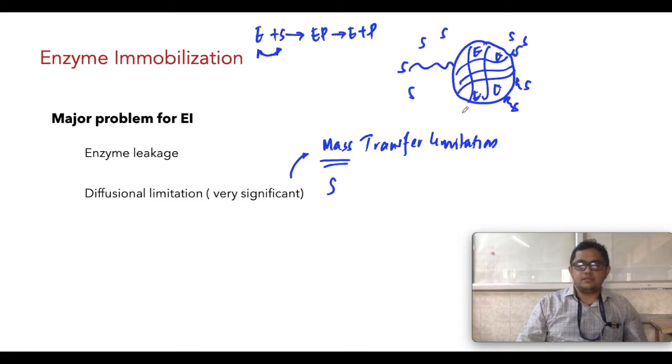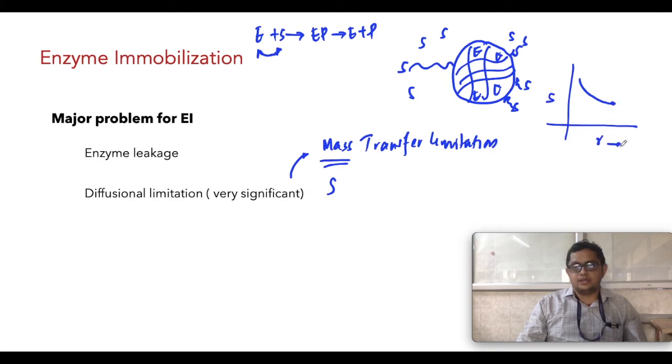It is a very serious problem because normally we predict any productivity based on the available substrate concentration and available enzyme concentration. Here the enzyme concentration may be present like that, but your substrate concentration is severely reduced when it penetrates the beads.